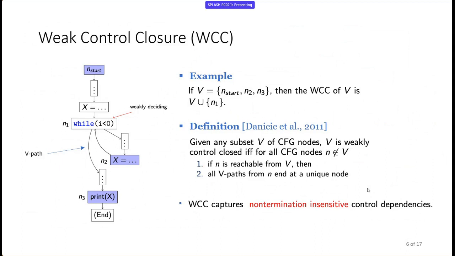So there is a dependency from this node to the set of B when we consider non-termination. So a strong control closure must include such a node. That node is not captured by weak control closure. So that's why we need a strong control closure to compute slices, for example, when you need verification of non-terminating programs. So that's the difference. Okay, thanks.